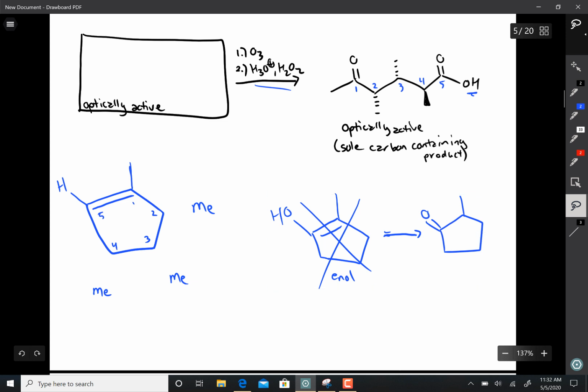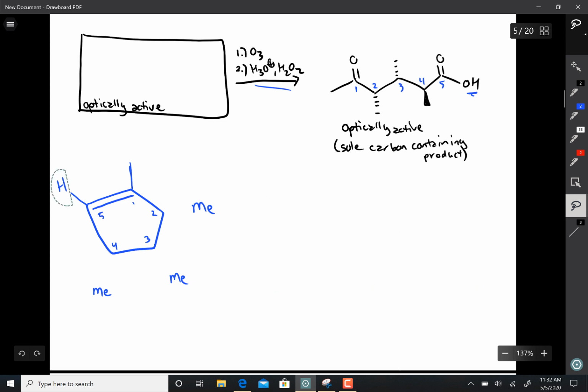Now, the hard part about this question is figuring out the stereochemistry of those methyl groups. And one way of going about it is figuring out R and S. When you do so, let's take a look at our starting material. I'm going to use the numbers in red. Let's start off here. This atom is 1.